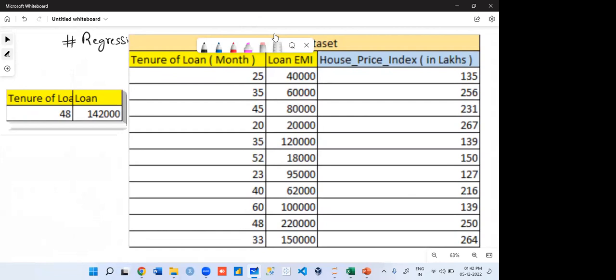Gauri, Himanshu, Prathamesh, Pratiksha. Do you want me to do any one row, online students? Okay, Gauri, I'll wait for you.